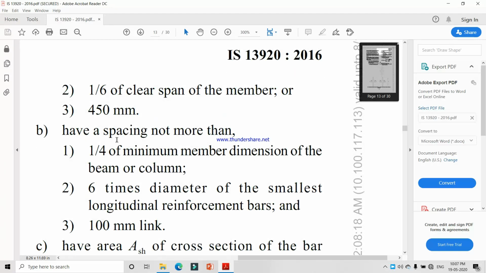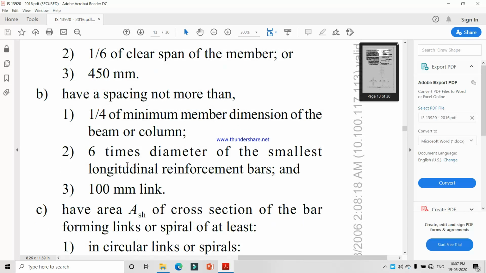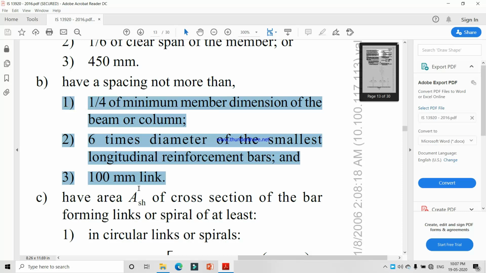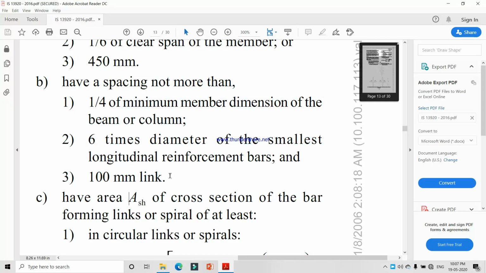Spacing criteria is 1/4 of the minimum dimension of the beam or column. Then second is 6 times the smallest diameter, and third is 100 mm. The spacing should not be greater than this. That means maximum spacing is 100 mm.